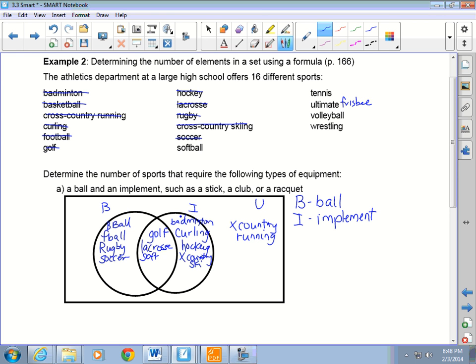So that's an implement. Tennis requires a ball and a racket. Ultimate frisbee is not a ball, and it's not an implement because it's not a stick, so that one we'll put here. Volleyball requires a ball. And then finally, wrestling, you don't need an implement or a ball.